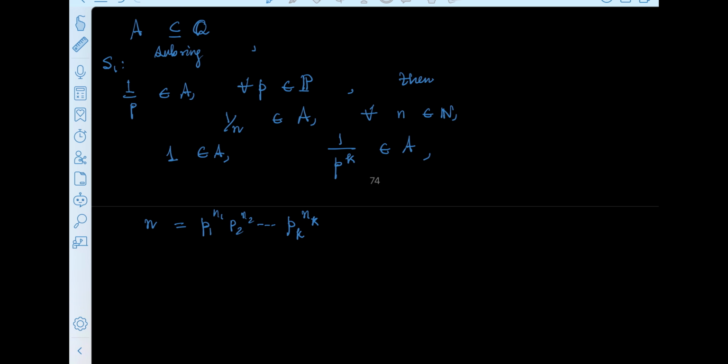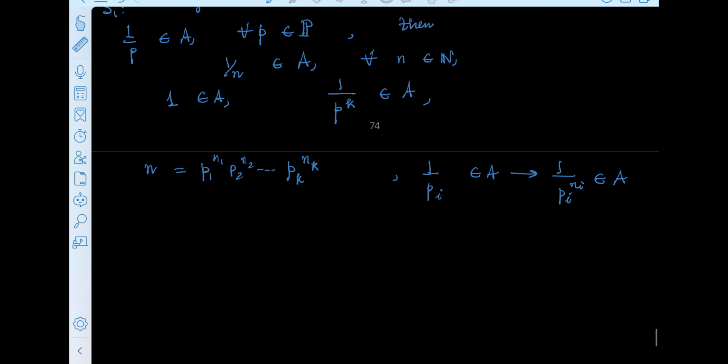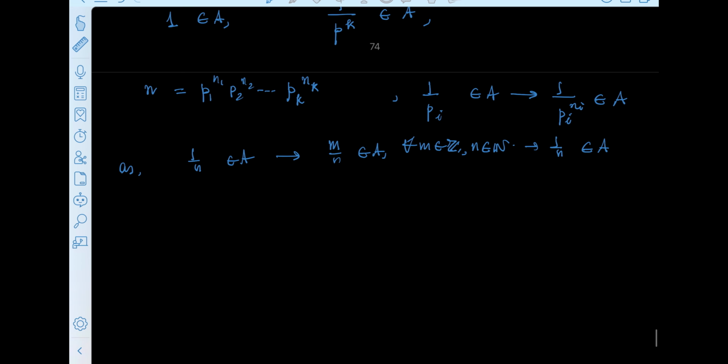So as 1/pi is inside A, that will imply 1/pi^ni is inside A. Now just take the product from i to k. We have 1/n is inside A. So as 1/n is inside A, we have m/n is inside A for all m belonging to Z and n a natural number. So in this case, A is equal to Q itself.